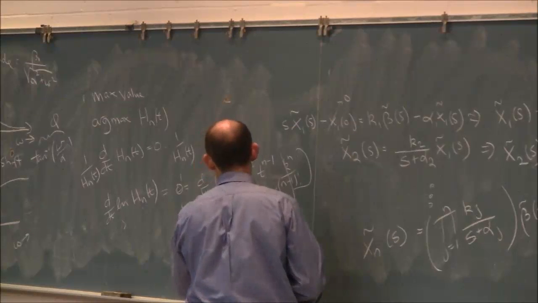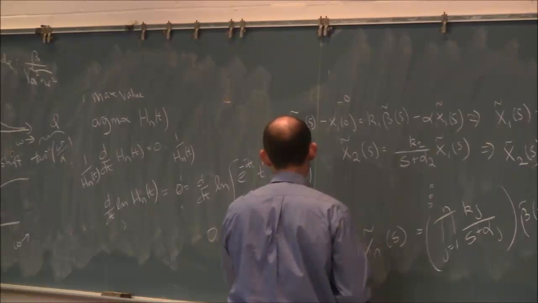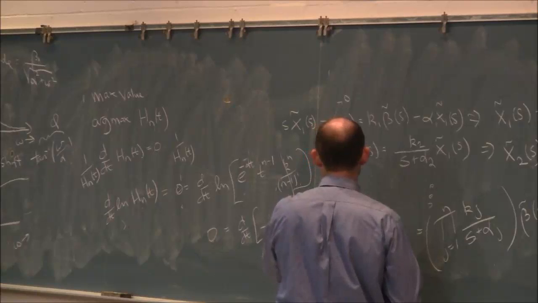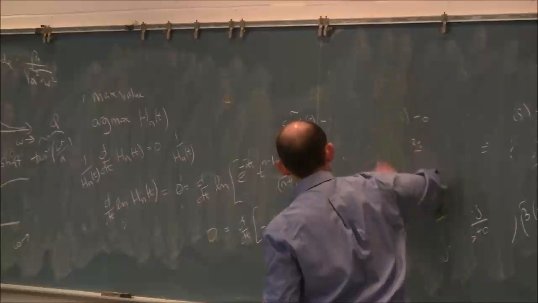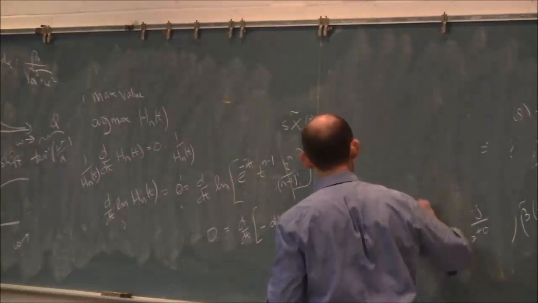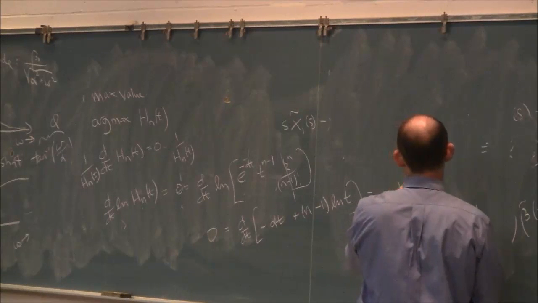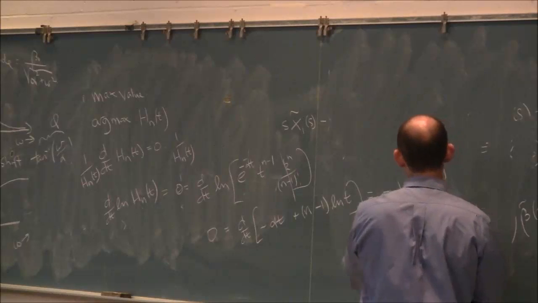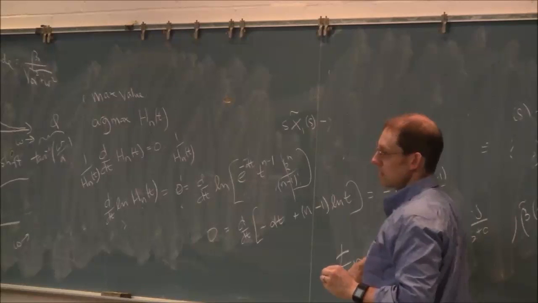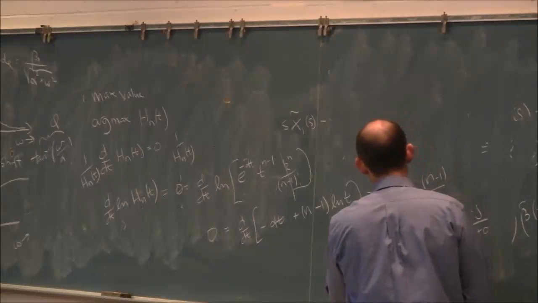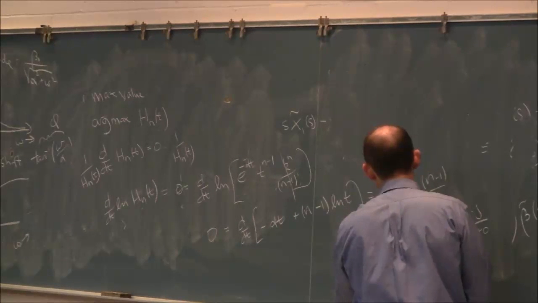So 0 is equal to ddt of minus alpha t plus n minus 1 log t. So this is equal to minus alpha plus n minus 1 over t. So the time that the response function has its maximum value is equal to n minus 1 over alpha.